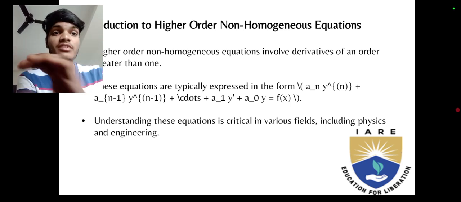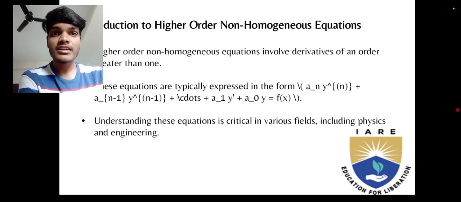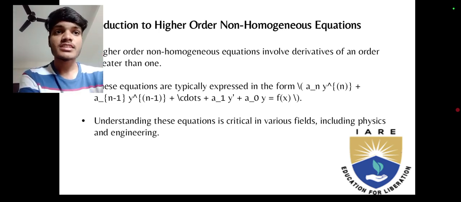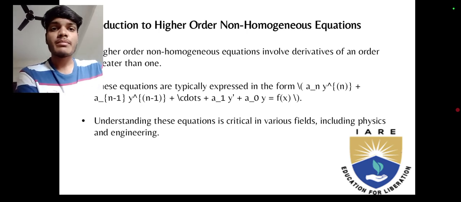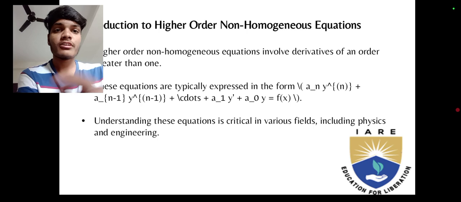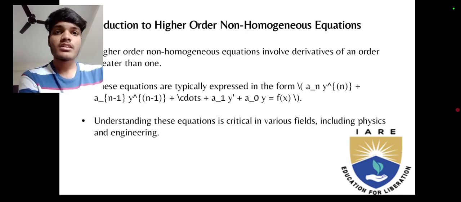When we differentiate that equation, the order can be greater than 1. That equation is known as a higher order equation. If not, it is a homogeneous equation. These equations are typically expressed in the given form.